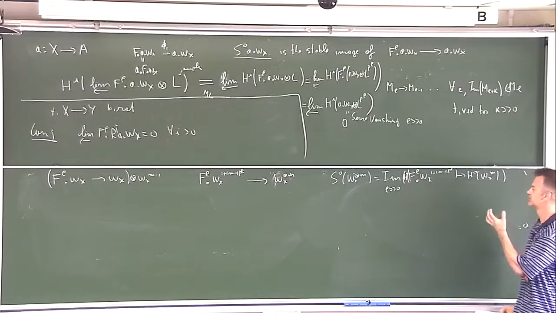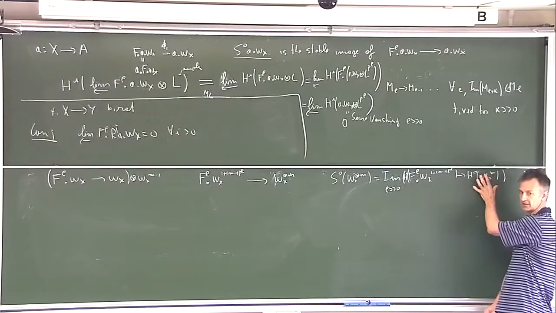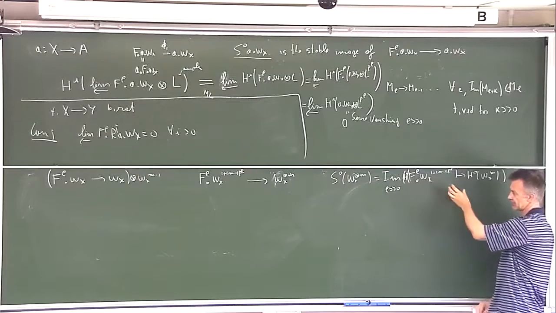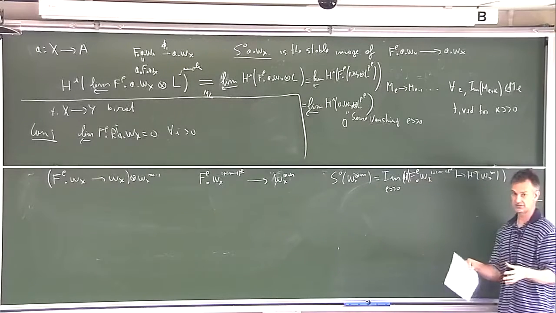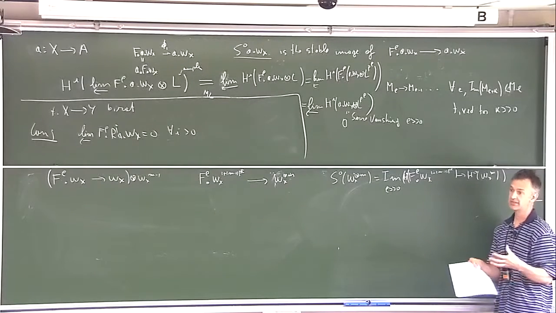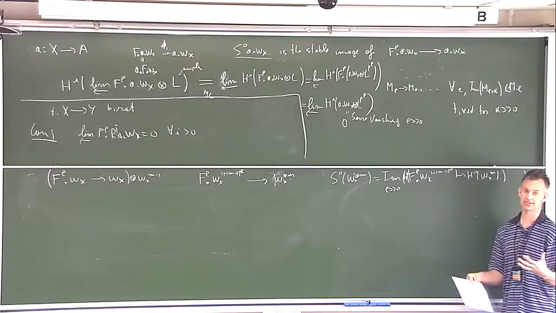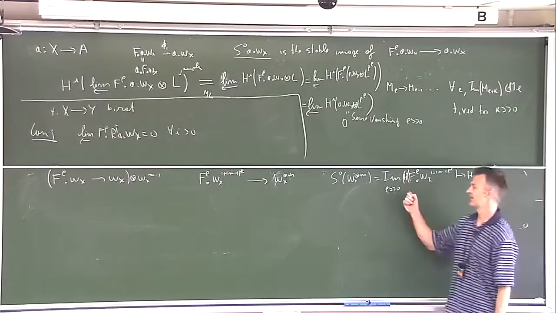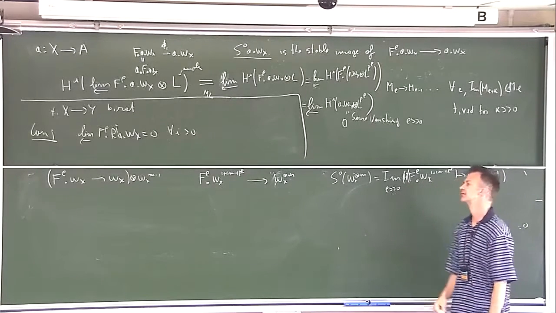Now, this is just a finite dimensional vector space over your field, and the images form a sort of decreasing sequence of subvector spaces. You don't need anything fancy to know that it stabilizes. They're just finite dimensional vector spaces, right? So it's clear that they stabilize for e sufficiently big.